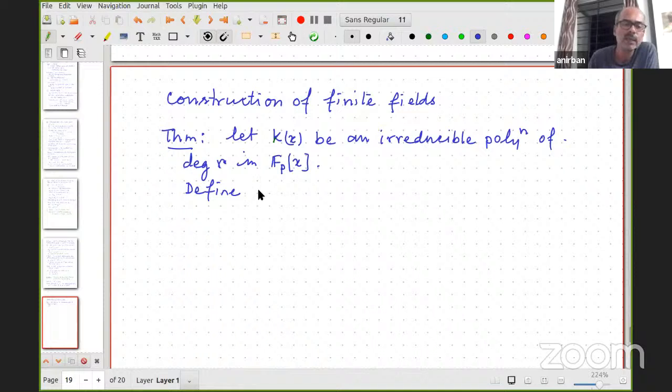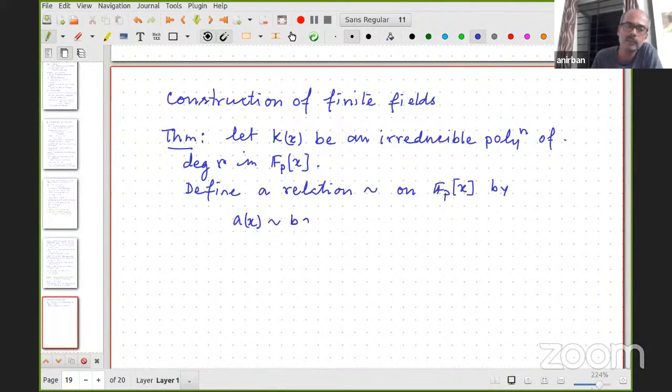So we define a relation, say tilde, on F_p[x] by, so a(x) and b(x) are of course polynomials from F_p[x].